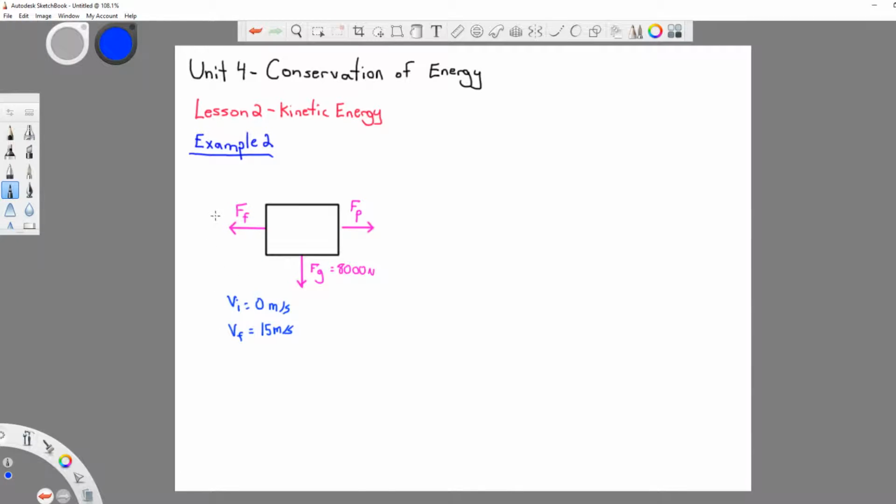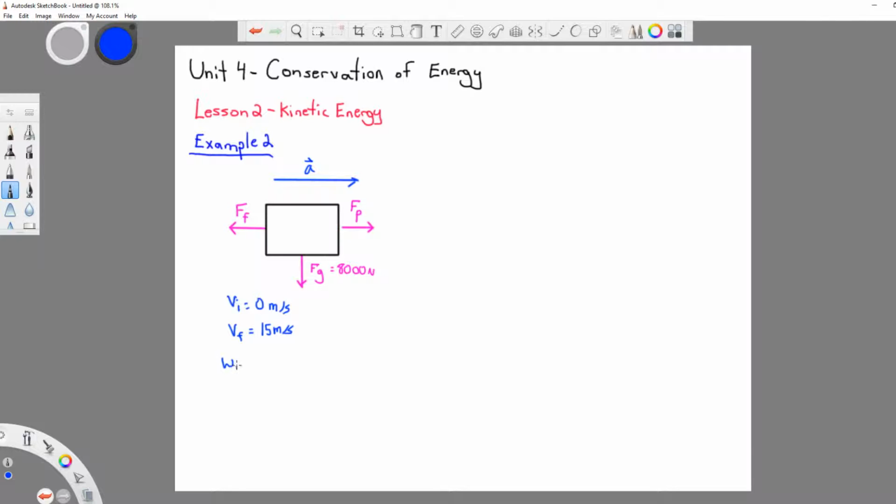Okay, so we have this propulsive force acting forward on this car, doing the acceleration. So I think we can probably put a little line on here and say that the acceleration is going to be in that direction. And our friction is then going to be moving against this. So on here I'll put the work done by the propulsive force as well.